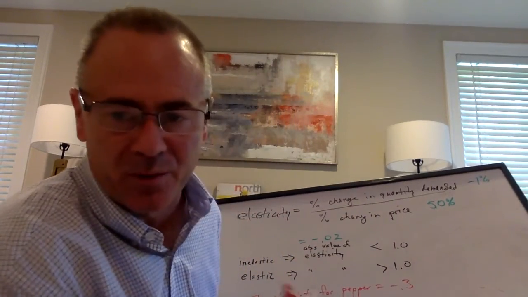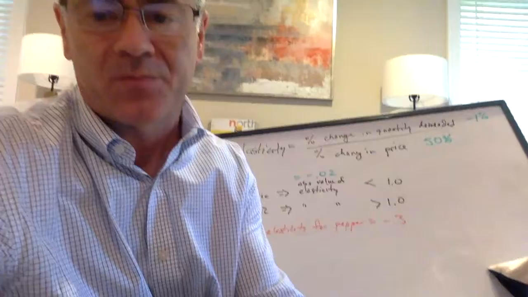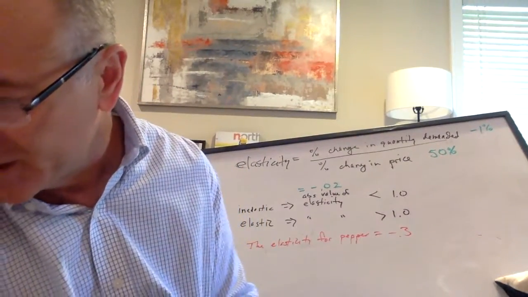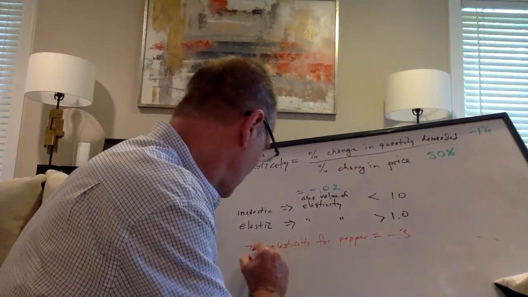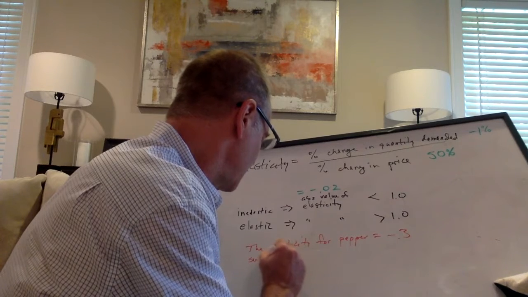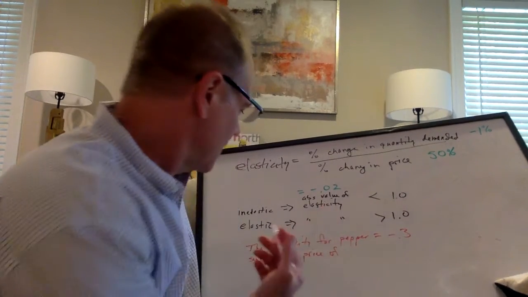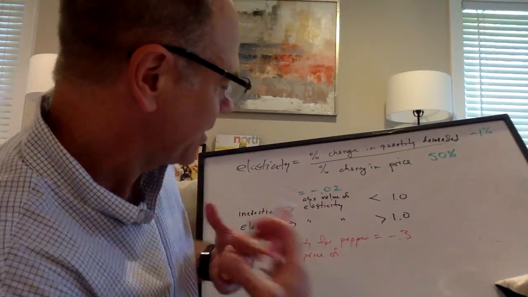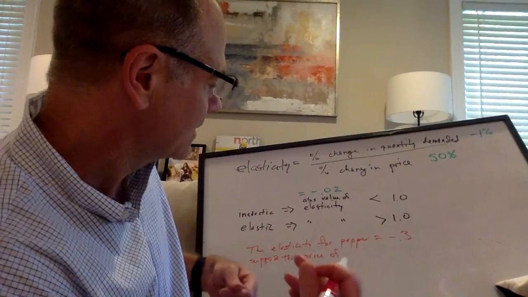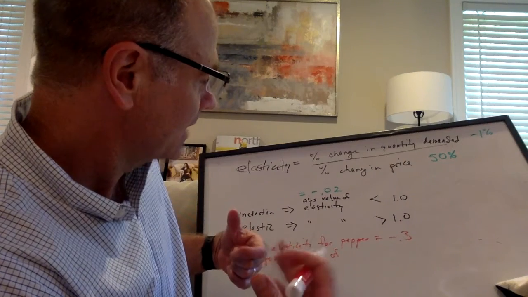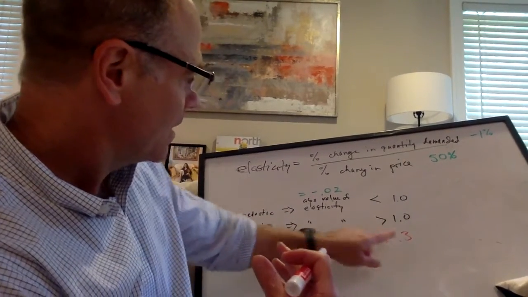This time I remembered the negative sign. Let's say it's a particular consumer: the elasticity of Tim's demand for pepper is negative 0.3.